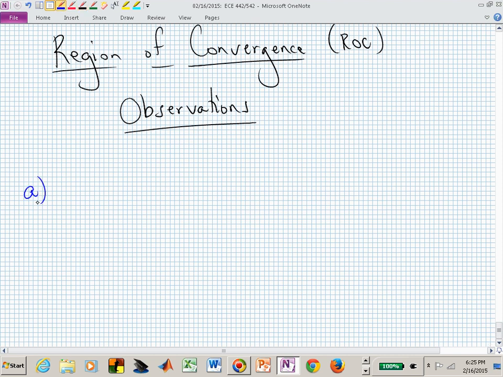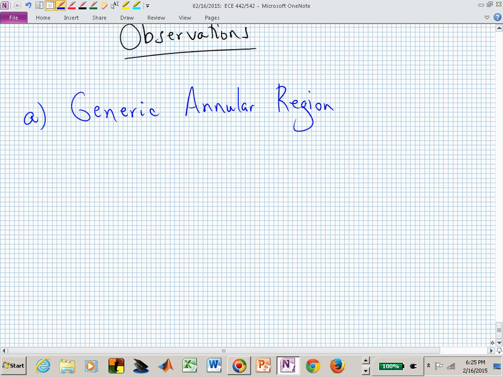Suppose we start with maybe the one that's a little more interesting. As soon as we say an annular region, what do you know about the sidedness of your time sequence?